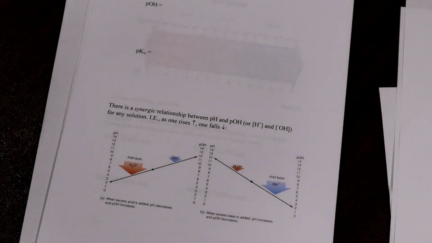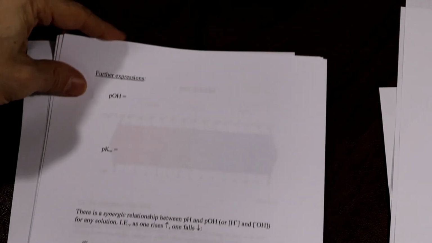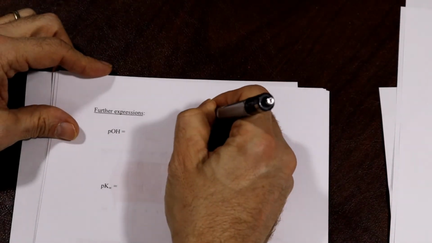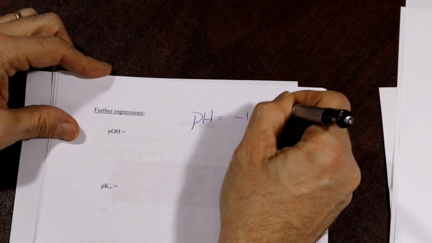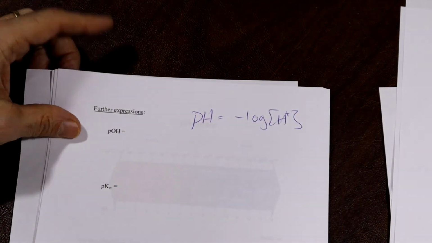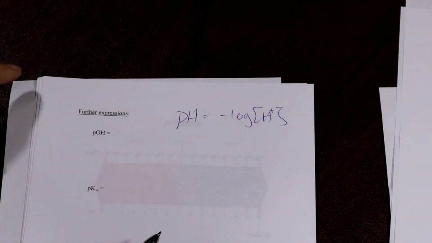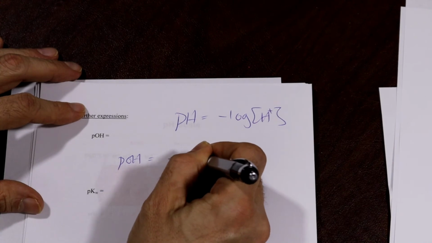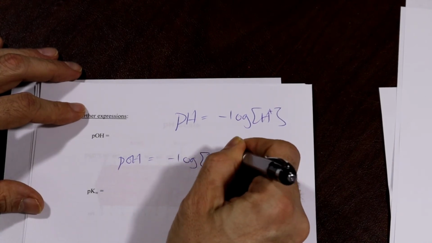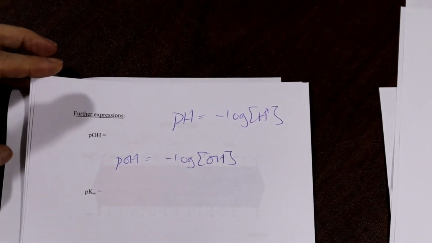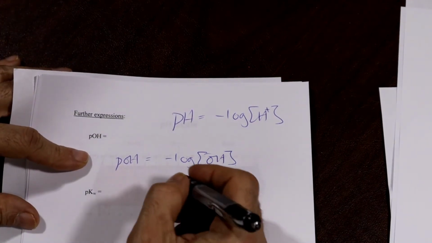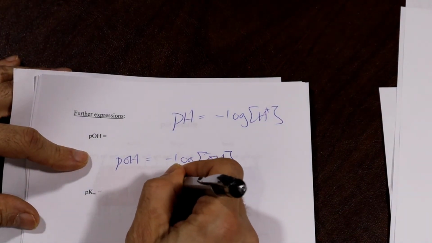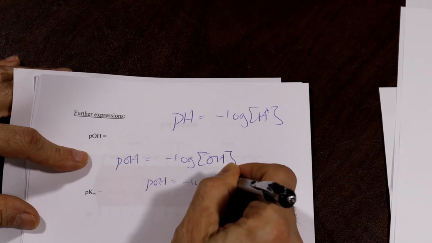We get some interesting numbers to play with. Okay, remember, pH equals minus log of the H plus ion concentration. So pOH then is minus log of the, you guessed it, OH minus concentration. Now in a solution that's neutral, pOH equals minus log of 10 to the minus 7.